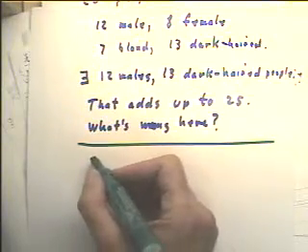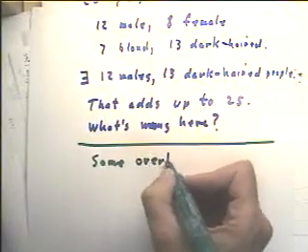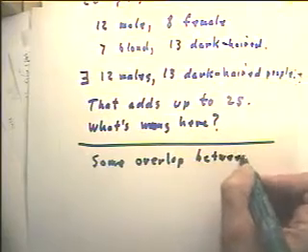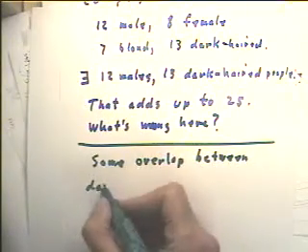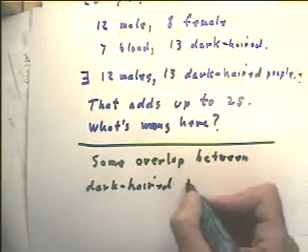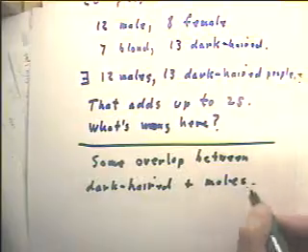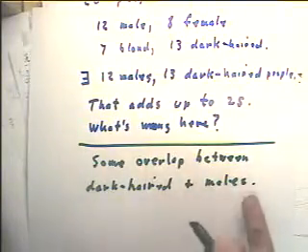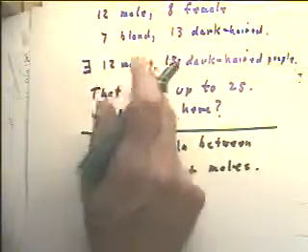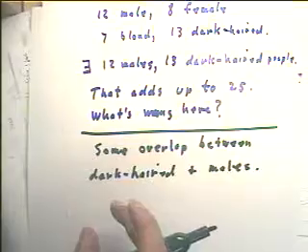So, there's some overlap between the dark-haired and the males. Some of the dark-haired are males, some of the males are dark-haired. And if we add the 12 to the 13, we've counted everybody who's dark-haired and male twice.